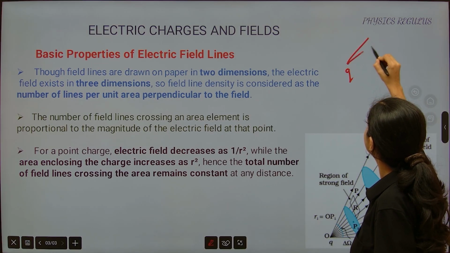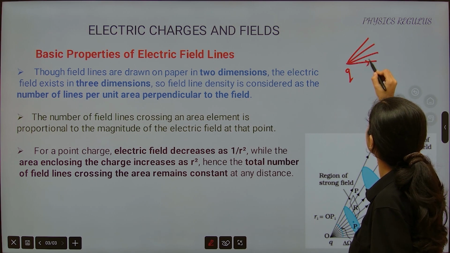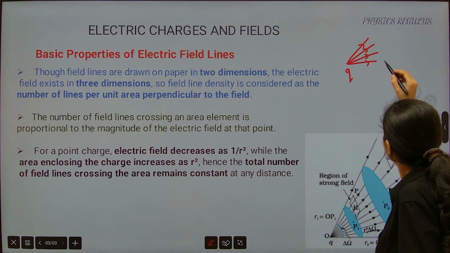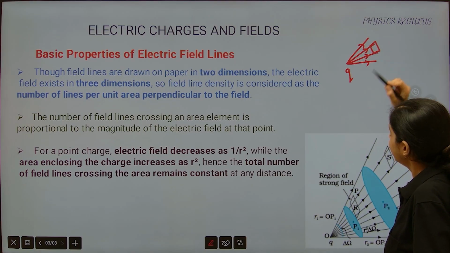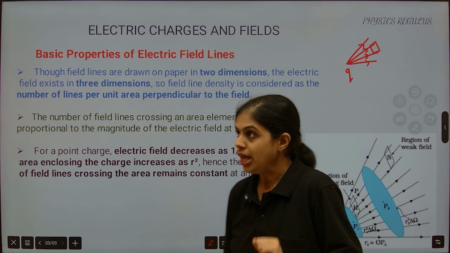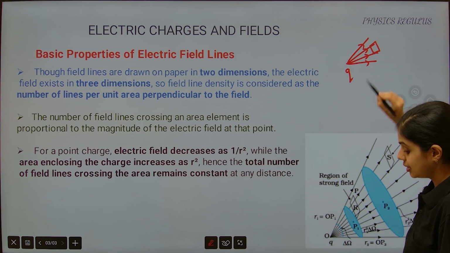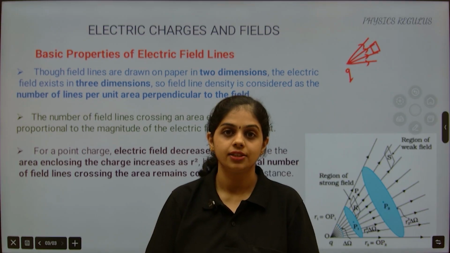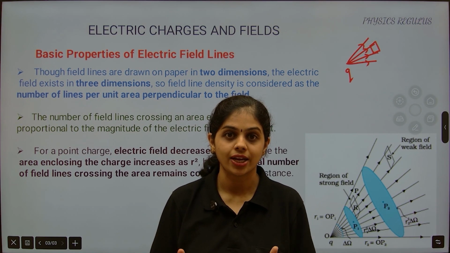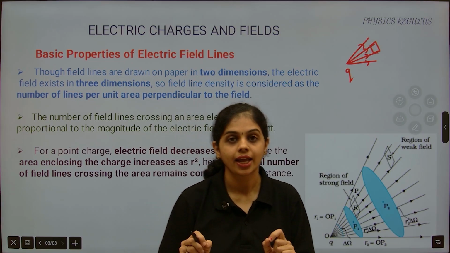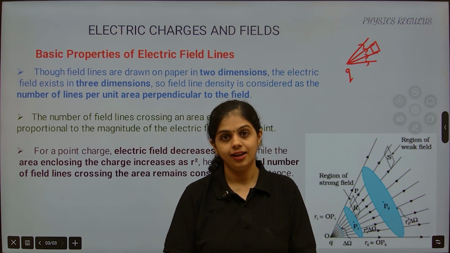These are the field lines due to point charge Q. In 3 dimensions, consider small area element perpendicular to electric field. Now, number of field lines crossing this area will represent strength of electric field. So, strength of electric field is directly proportional to number of field lines crossing unit area.